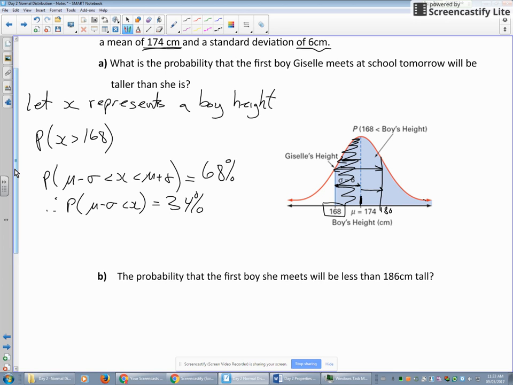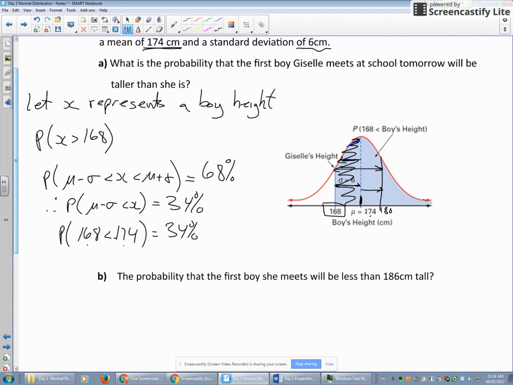And in this particular question, our mean is 174. Subtract our standard deviation of 6, mu minus our standard deviation, 174 subtract 6 is 168. The probability of being less than our mean, the probability between 168 and 174 is 34%.